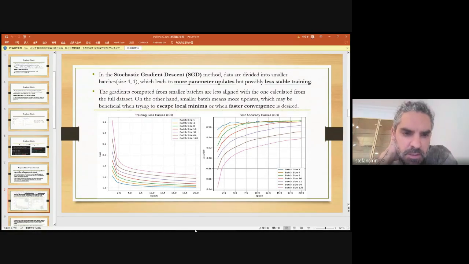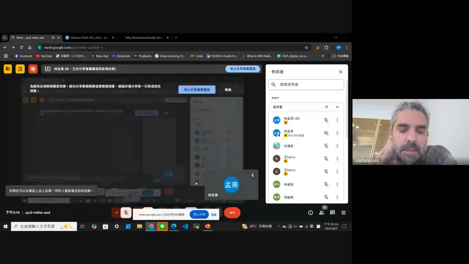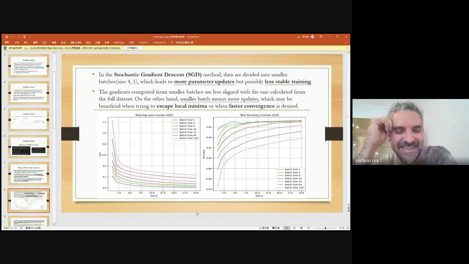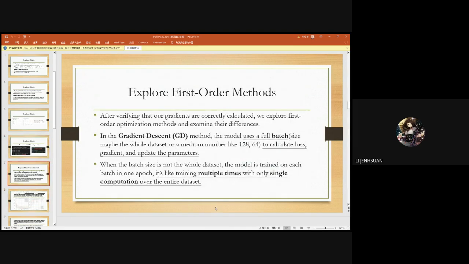Is this averaged? No, this is just one in the one. It's not average, right? This is across batches. Sorry. Stay here a second. I want to see the slide. Guys, bring me back to this slide. This slide is plotted for different batch size, and this is the SGD case, but this slide is GD.